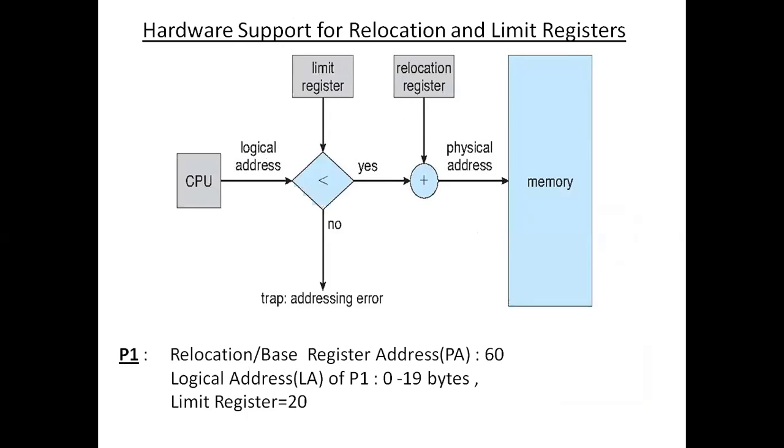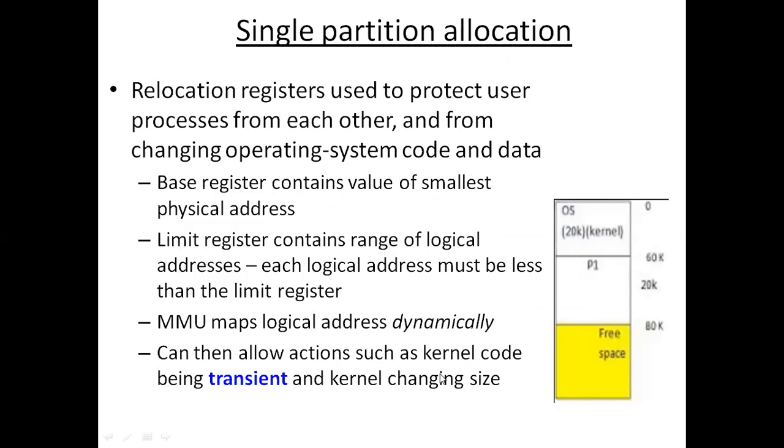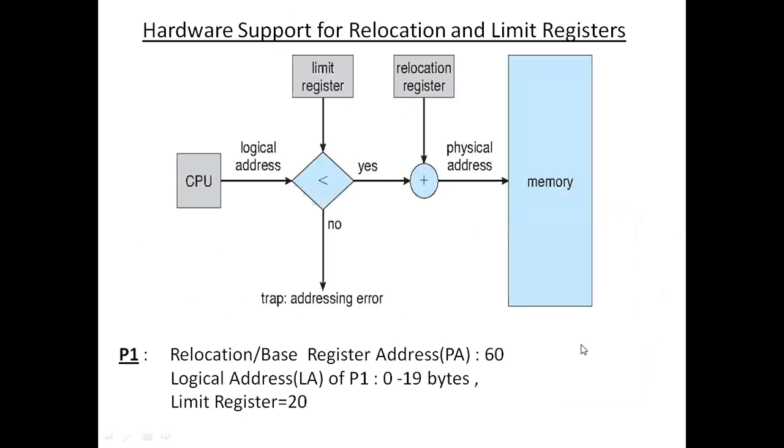Right, because whatever address comes, it would be somewhere within this particular memory space. So I'm very sure that the address generated is the right address, pointing to the process P1. If it is an address below 60 or greater than 79, an error would be raised, which would be reported to the operating system.